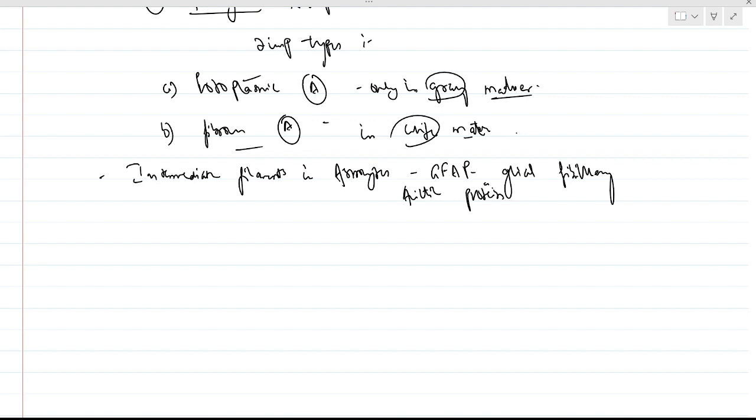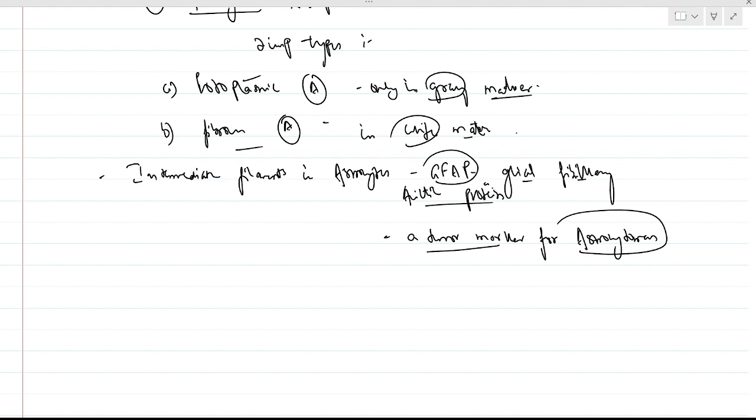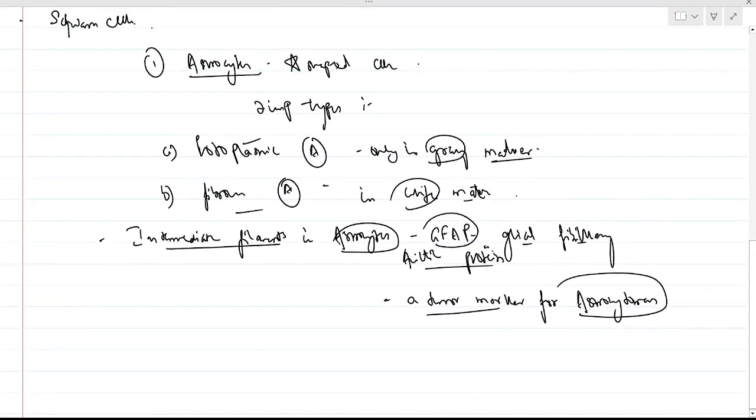Remember, this GFAP is a tumor marker for astrocytomas, tumors of the astrocytes. These are intermediate filaments in the astrocytes. Astrocytes are of two types: protoplasmic in gray and fibrous in white.